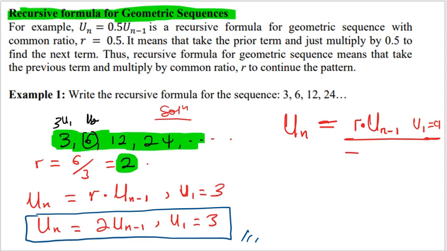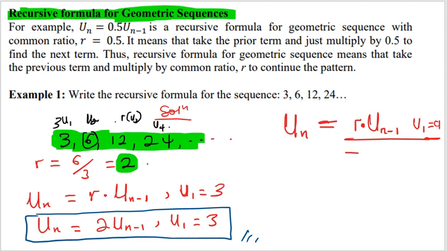If I want to find U4, which is 24, I have to multiply the common ratio by U3, which is the preceding term of U4. So that is what we call the recursive formula.